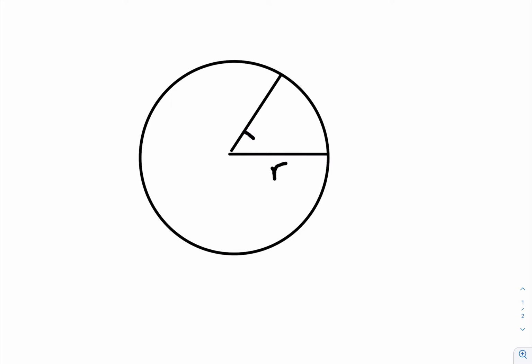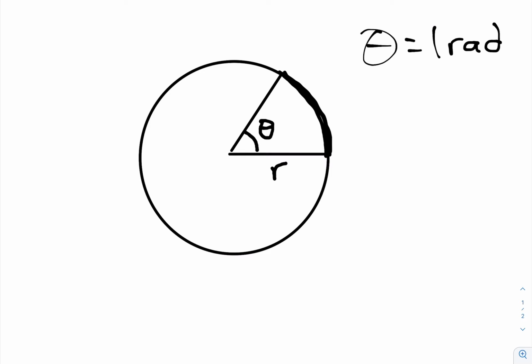So this angle theta here is going to produce, say this angle here was 1 radian. So theta equals 1 radian. The shorthand for radian is rad. So 1 radian would produce an arc length right here. It would produce an arc length of the radius itself.